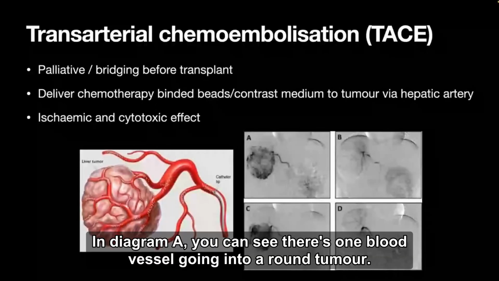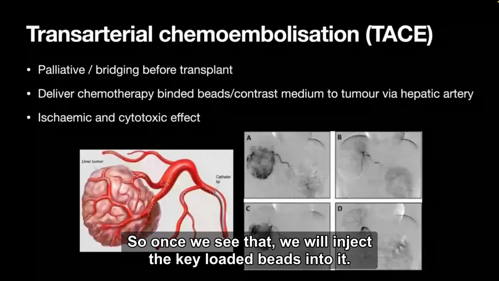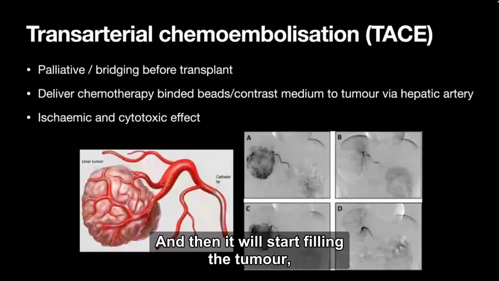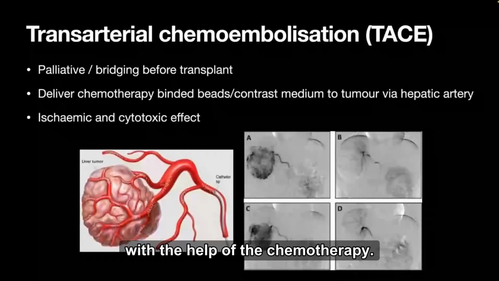In diagram A, you can see there's one blood vessel going into a round tumor. This is a very hypervascular tumor, so once we see that, we will inject the chemo-loaded bead into it, and then it will start filling the tumor, and then this tumor would start to die off with the help of the chemotherapy.